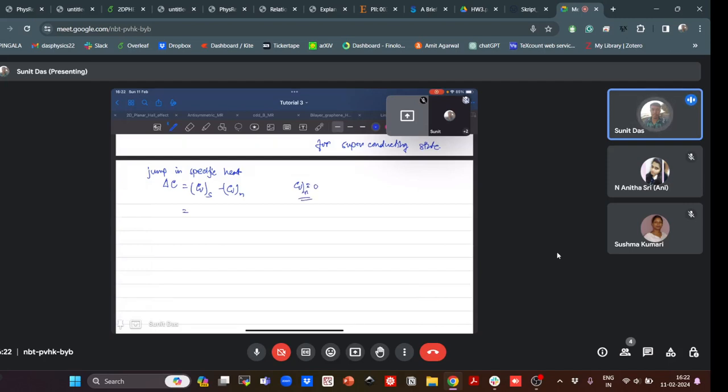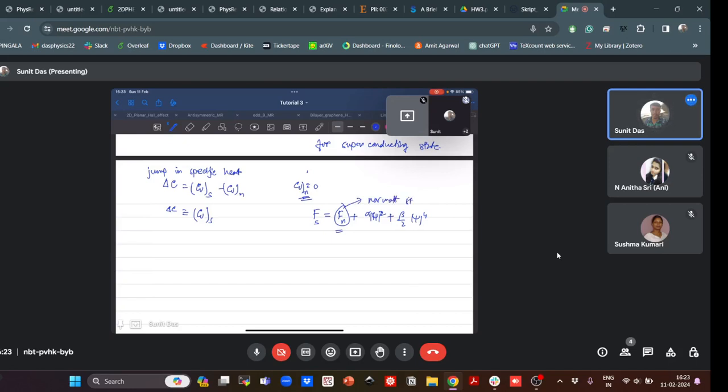Because this Landau theory doesn't really represent the normal state. So we can definitely say delta C is equivalent to C_V,s. There is another, more intuitive way to understand this: the Landau free energy is essentially F_s equal to F_n plus alpha psi squared plus beta by 2 psi to the power 4. We are not really concerned about this constant normal state term.